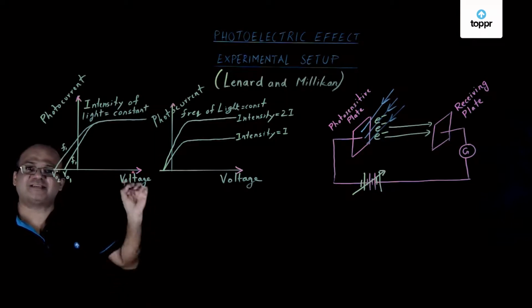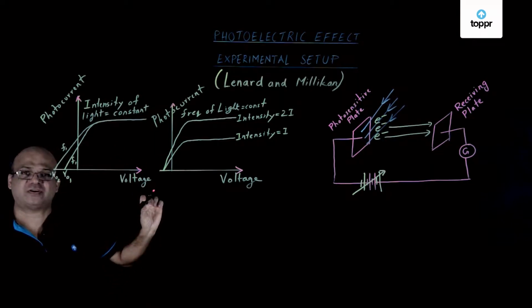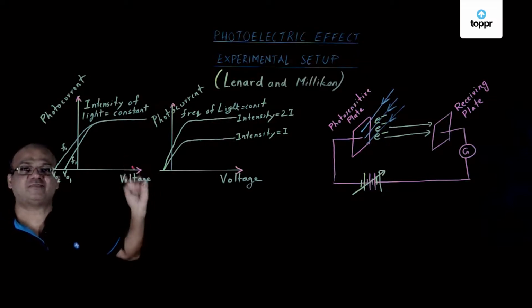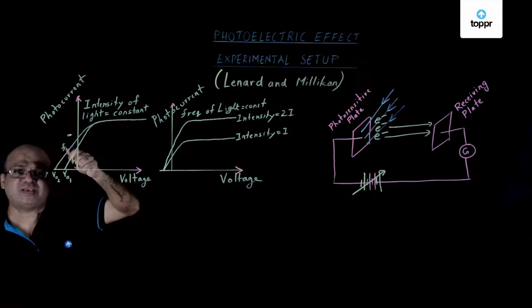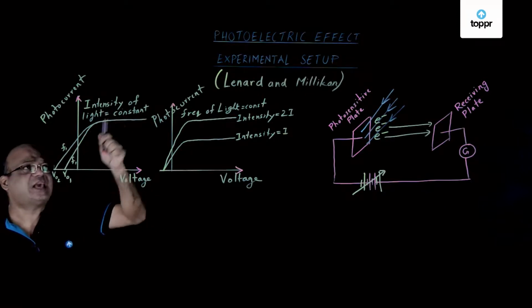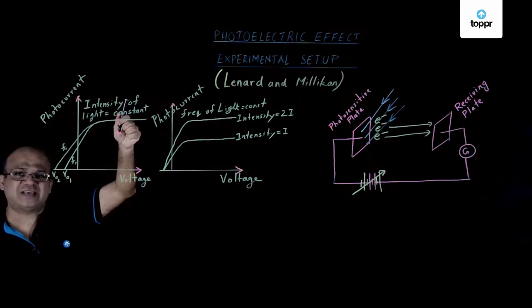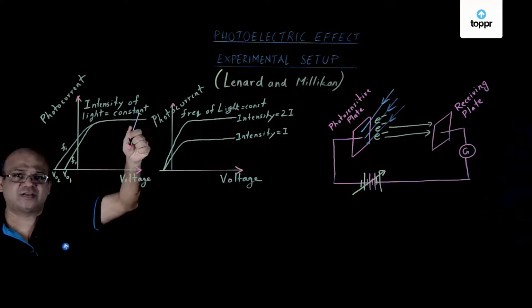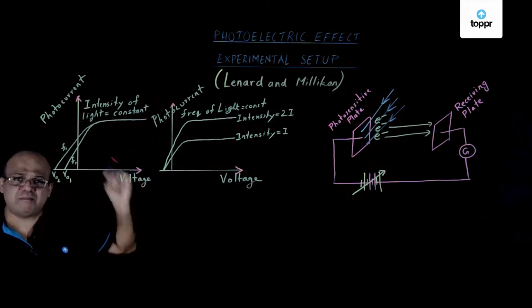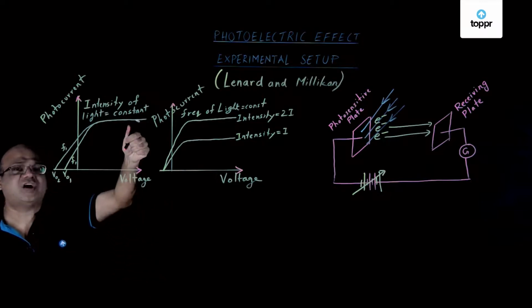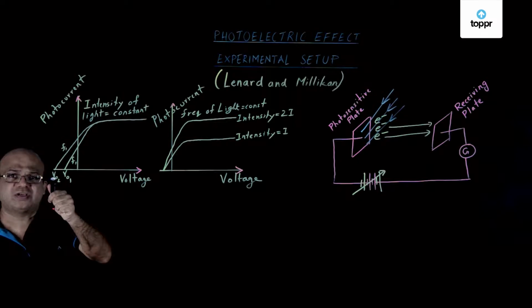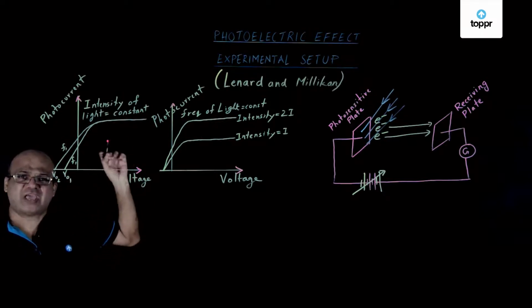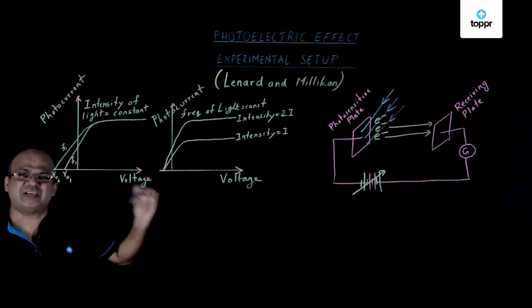Saturation current is a measure of the number of photoelectrons, and stopping potential is a measure of K max of photoelectrons. Now, when we change the frequency of light, keeping intensity constant, saturation current, which is a measure of the number of photoelectrons, does not change, but the stopping potential, which is a measure of K max of photoelectrons, changes.